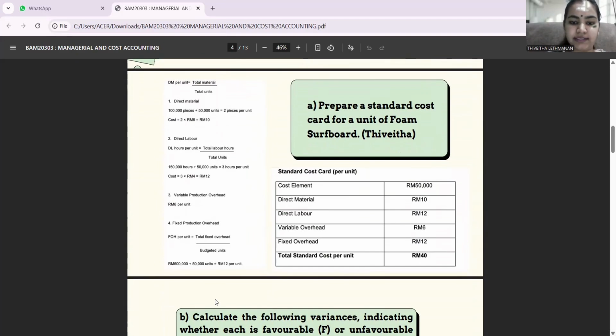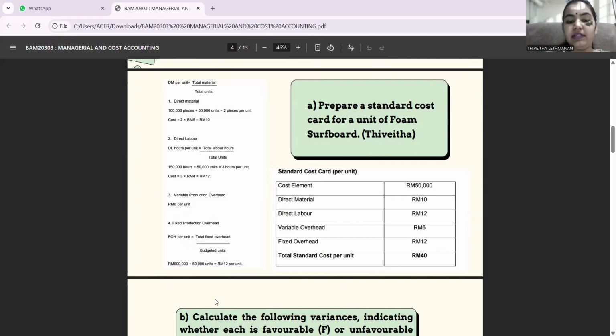The standard cost is calculated based on the budgeted production of 50,000 units. Each unit uses two pieces of direct material at 5 ringgit per piece, giving a material cost of 10 ringgit per unit. Each unit requires 3 direct labor hours at 4 ringgit per hour, resulting in a labor cost of 12 ringgit per unit.